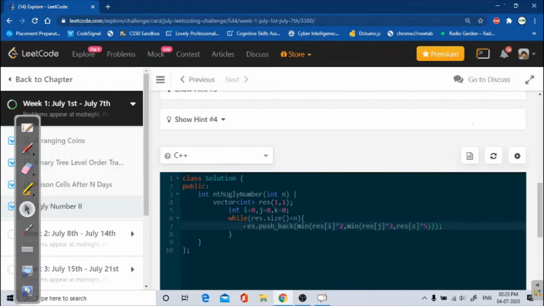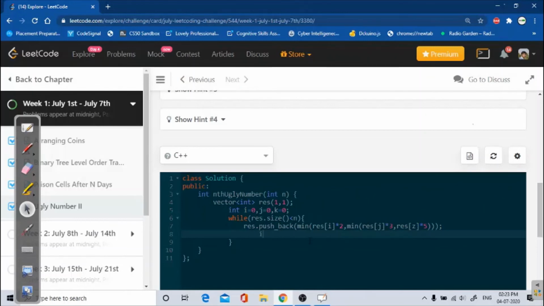Now we have stored the minimum of those numbers, and we will only increase whose number is minimum. Suppose after multiplying, 1 into 2 is 2, 3 into 1 is 3, 5 into 1 is 5, so we got 2, 3, 5, and the minimum value is 2. So only my ith index will be increasing, not j and k.